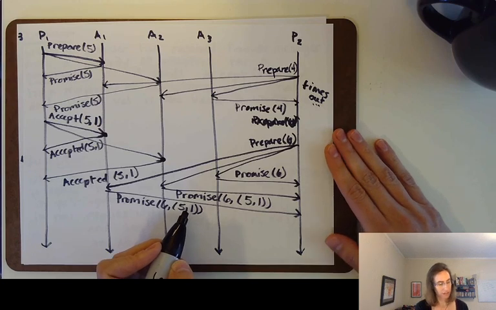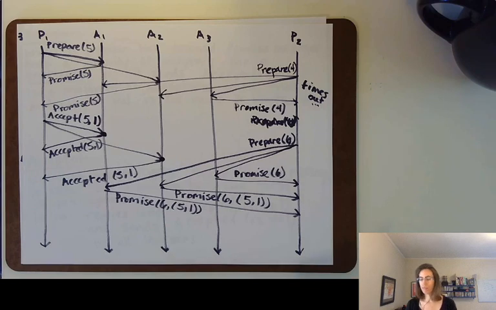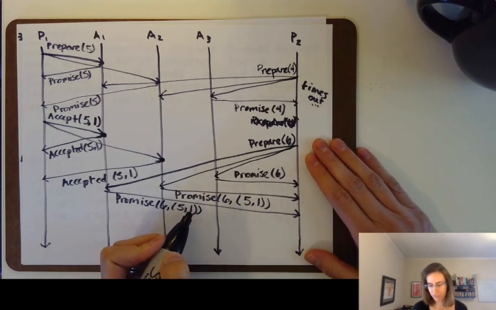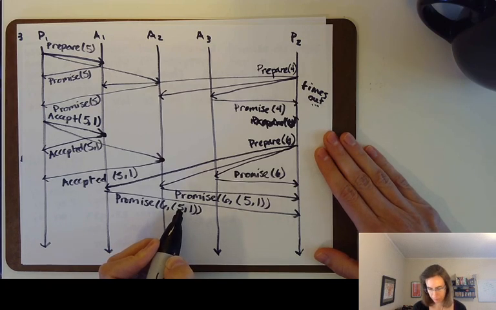And then, when it does a proposal later on, the value that it must propose has to be the value that went with that highest previous proposal number.